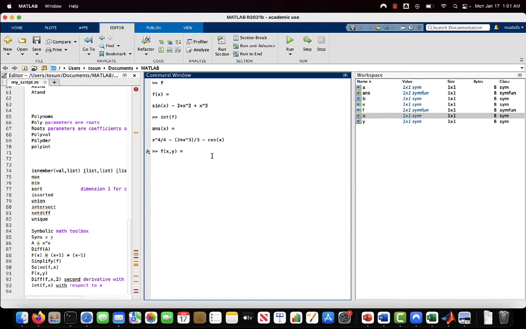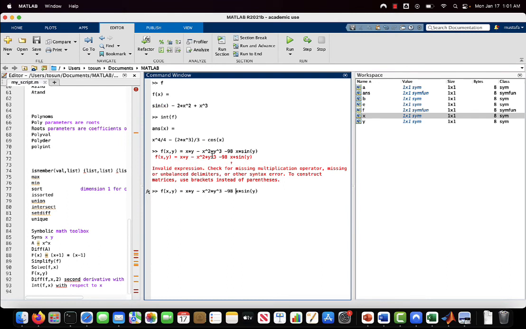Right now I have x multiplied by y minus x squared y cubed over 3, and I can give it a constant, and I can write x multiplied by sine y. Oops, I forgot some sign here, and let's say plus.